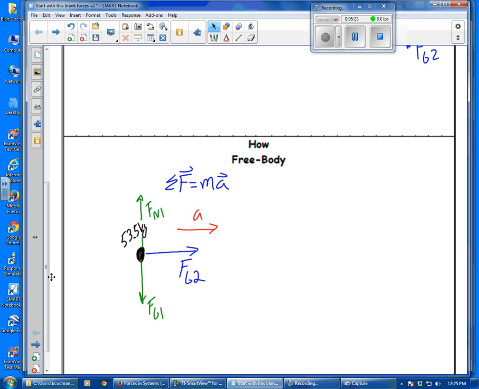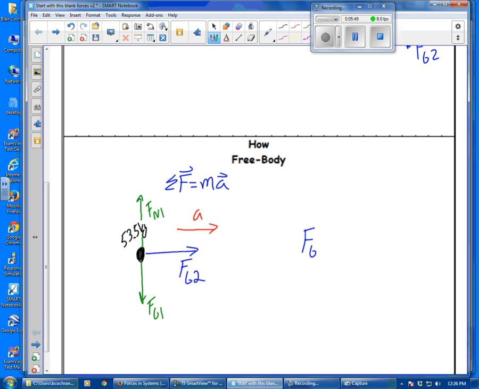Does everyone see how I got those and the relationships? Yeah. All right. So I'm interested in the acceleration, so I'm going to try to just look horizontally and see if I can get there, but not even worry about the vertical until after that. Now I'm going to take that picture and write it mathematically rather than drawing a picture.